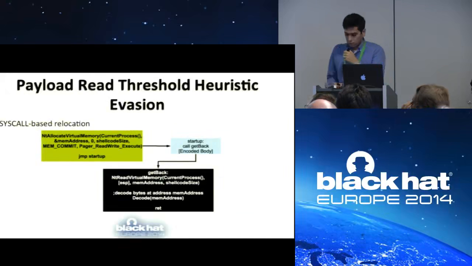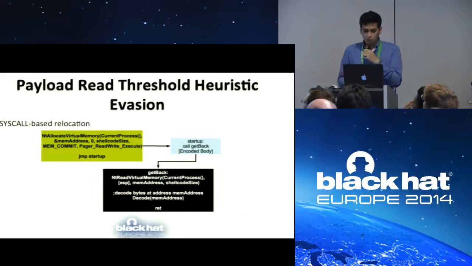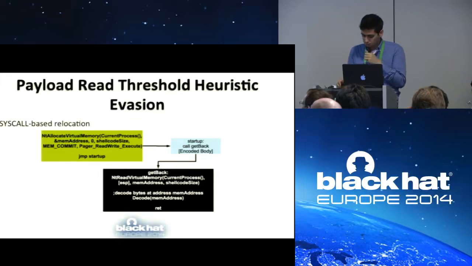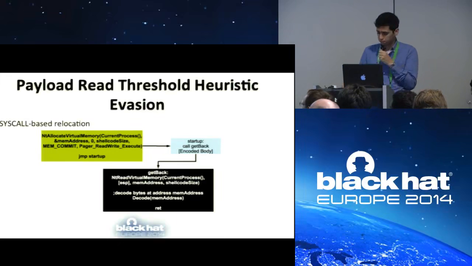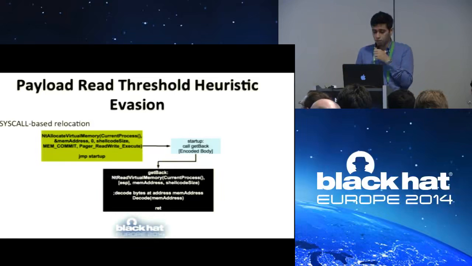Well, another technique is using payload read threshold heuristic evasion. The basic idea is that, for evading that heuristic, you allocate virtual memory using, in our implementation, NT allocate virtual memory.